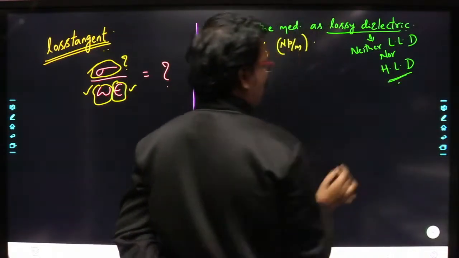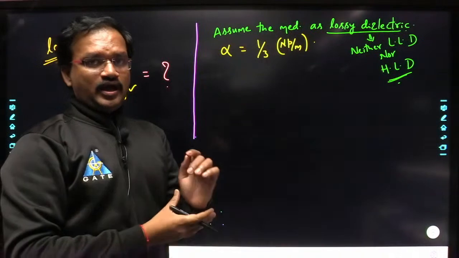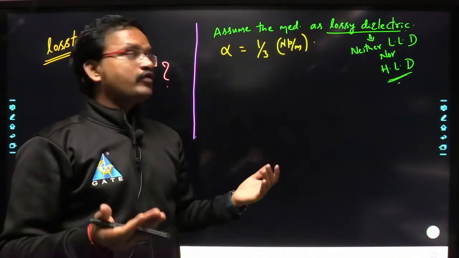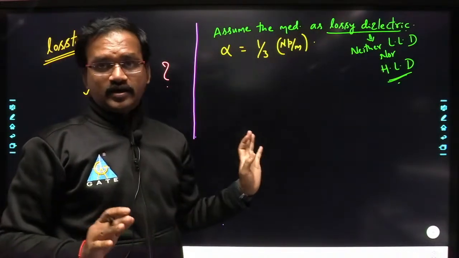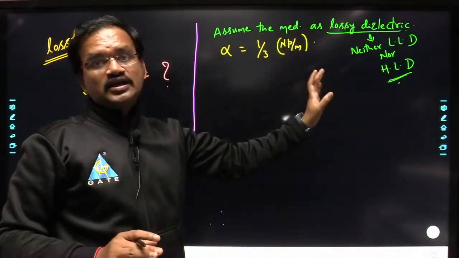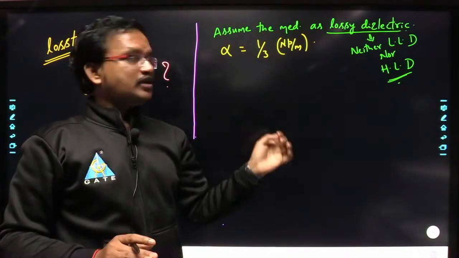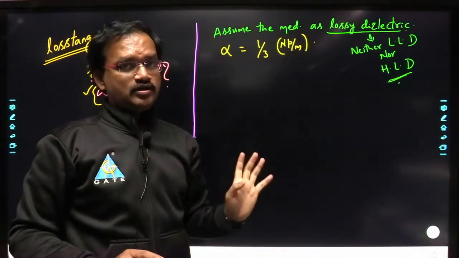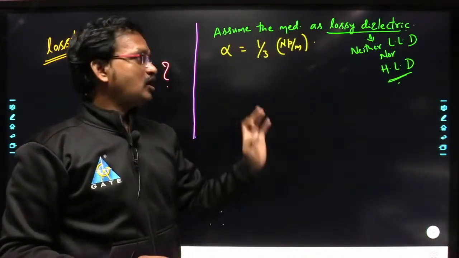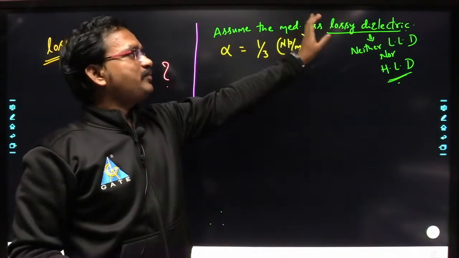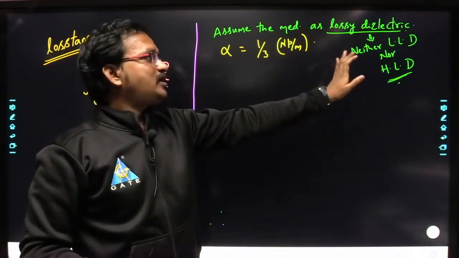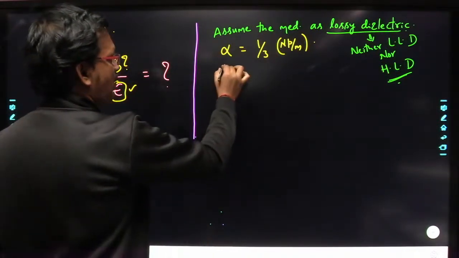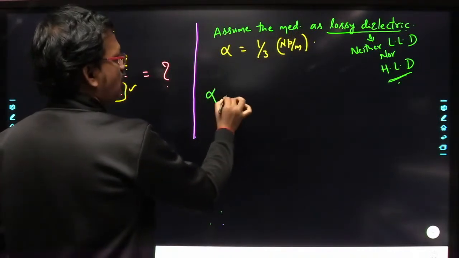Since they have not mentioned whether it is low lossy or high lossy, we simply assume it as lossy dielectric, which means neither low lossy nor high lossy. If it were low lossy or high lossy, they would definitely mention it specifically. So in that case, what is the expression for alpha here? So alpha is equal to what?